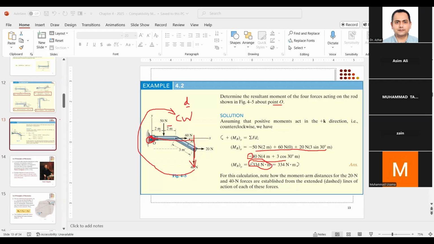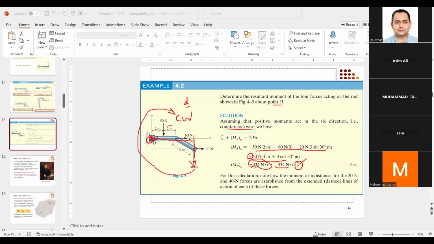So if you got a negative sign, it means according to your sign convention, counterclockwise positive, clockwise negative, so it is a clockwise movement. So either you can write minus 334 or you can write 334 and make a small clockwise arrow. We shall actually write the signs in future when we do the moments. We will write the signs.